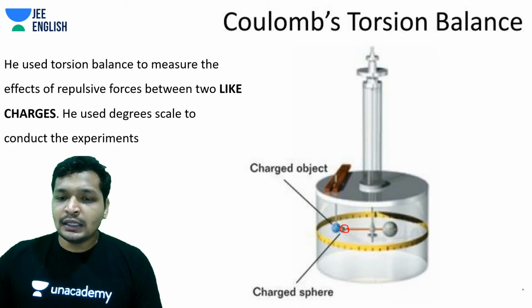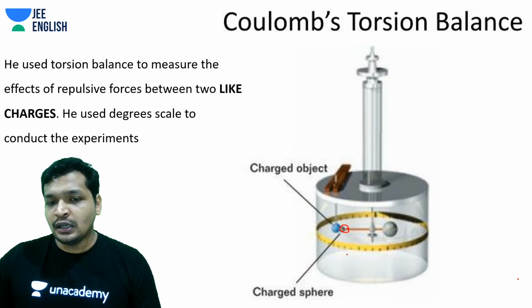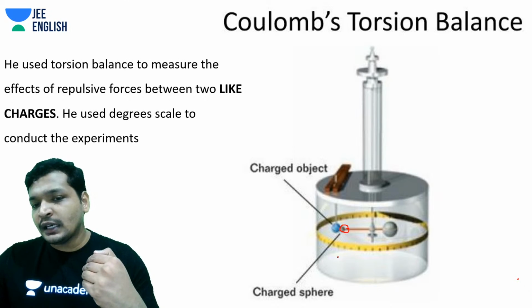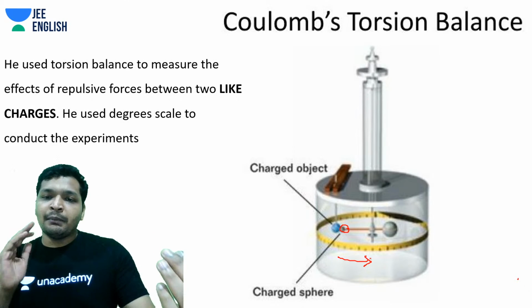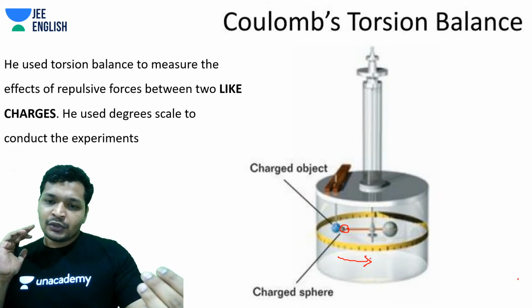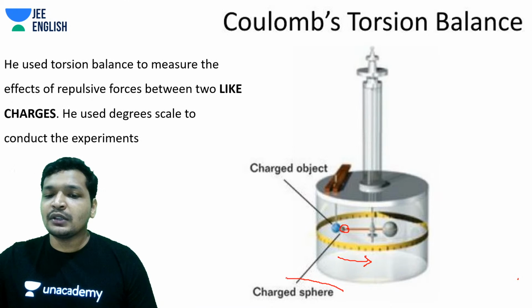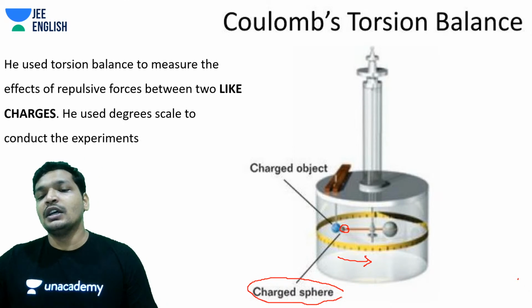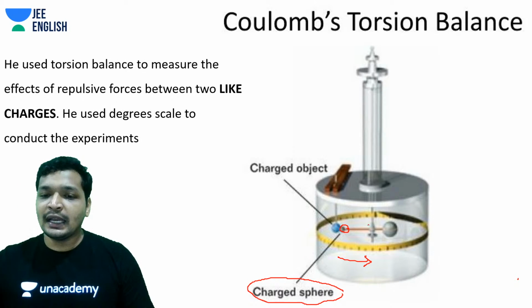So once he suspended this external charged object and brought it near the sphere, there was a repulsion. That means there was a torque. That means there was a force on this charged sphere, and this force created a torque. This is a hanging one, right?